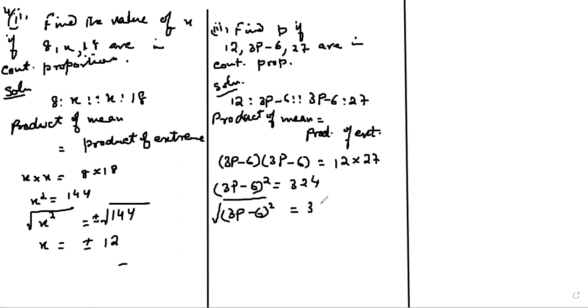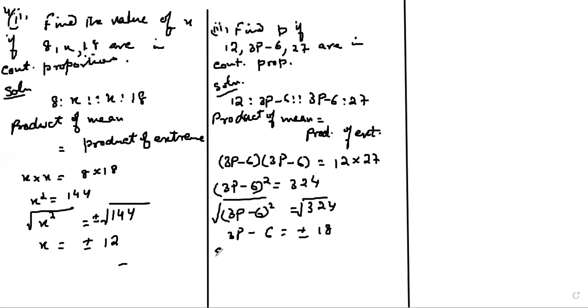Taking square root, 3p minus 6 square root equals 324 root, means this plus minus, okay? So 3p minus 6 equals plus minus 18.